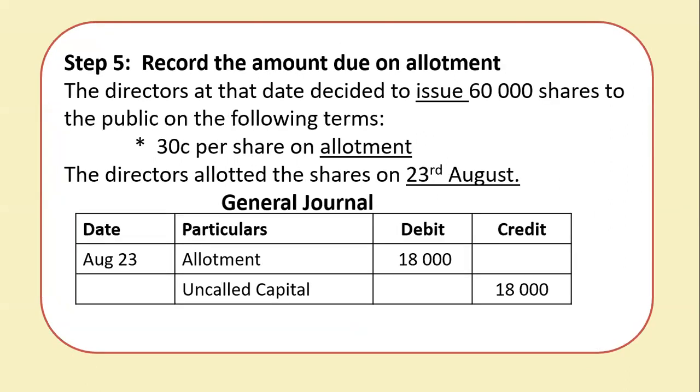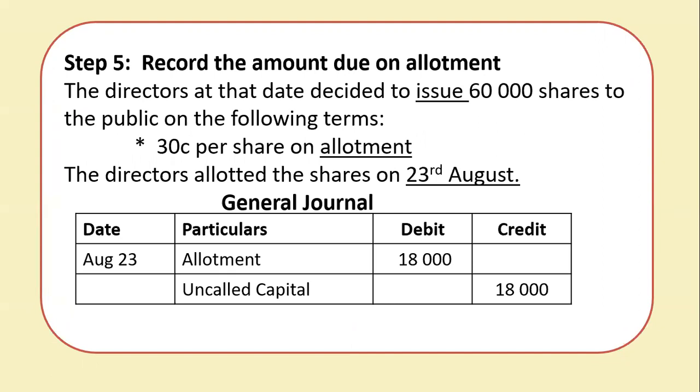And step number 5 is to record the amount due on allotment. The directors allotted the shares on the 23rd of August. When they received the applications on the 16th of July, from there they chose whose applications would be accepted.